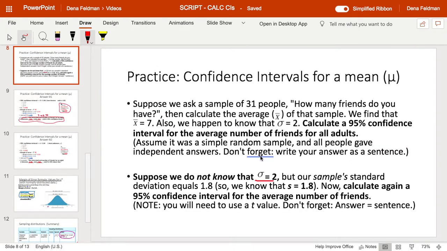And then, again, let's practice. Let's calculate a 95% confidence interval. But because we don't know the population standard deviation, or it could also have been the problem if you'd talked to a smaller number of people, for example, 15, then in both of those cases, we need to use a t-value.